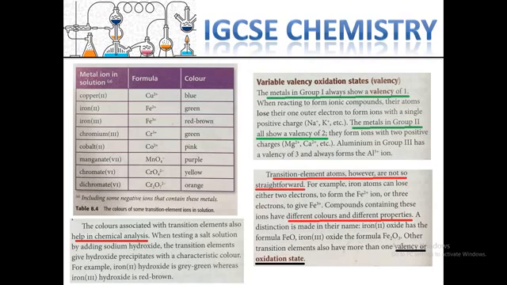They have a valency or oxidation state. The valency oxidation state will tell you how many bonds can be made. For example, copper, with two positive charge, can make two bonds with other elements.